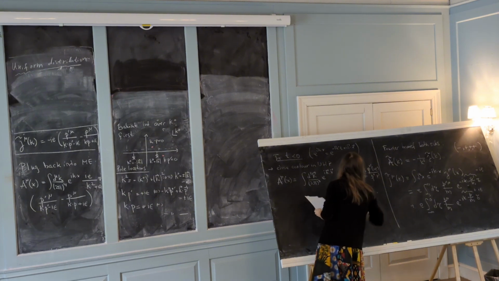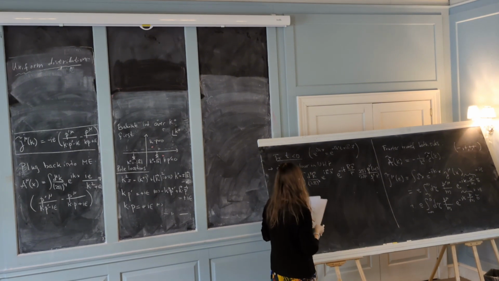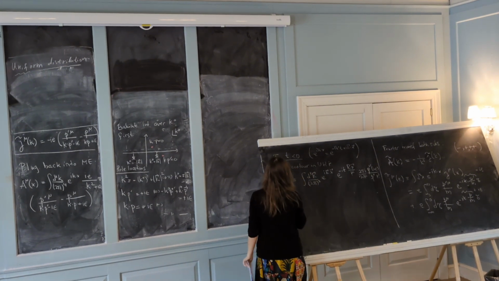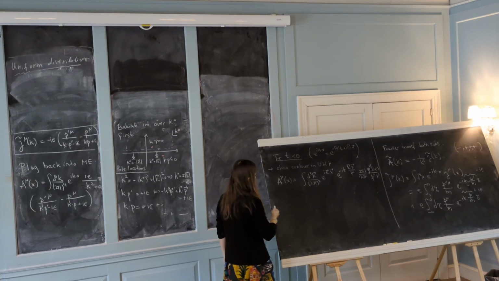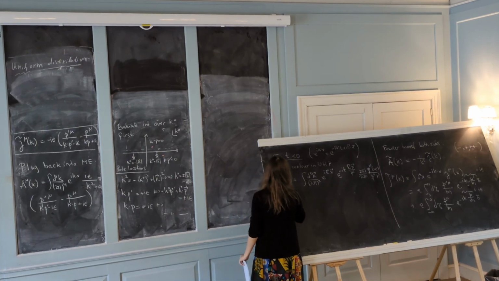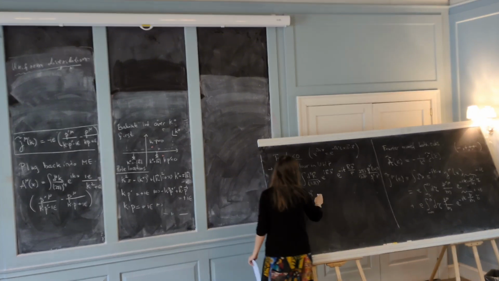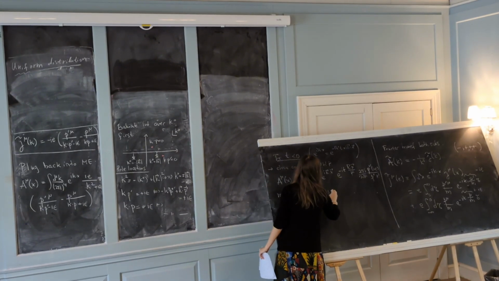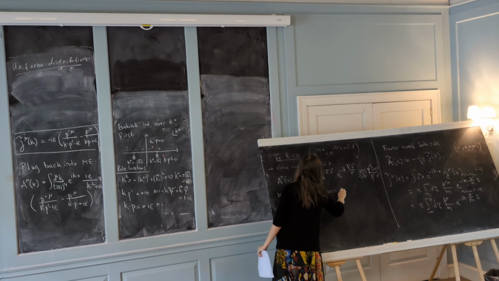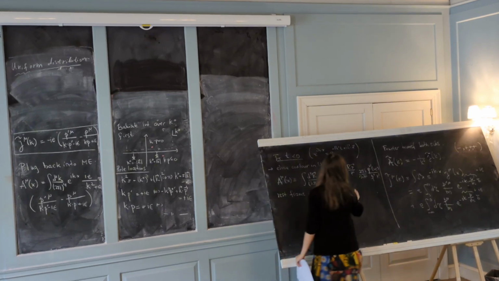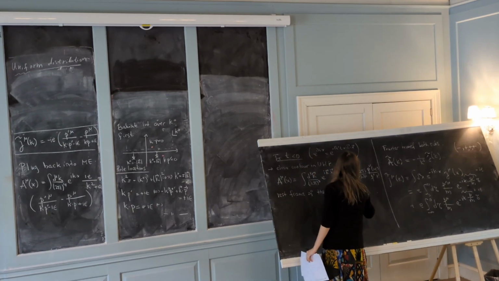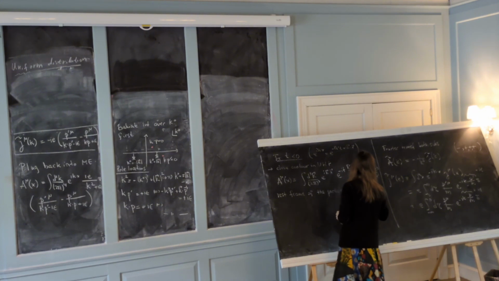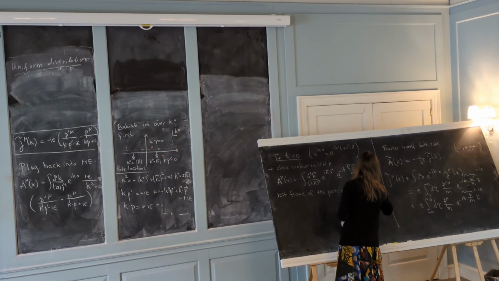Okay, so let's think about what this means. We can look in the rest frame of the particle. In this case, P mu is just P0 and 0.